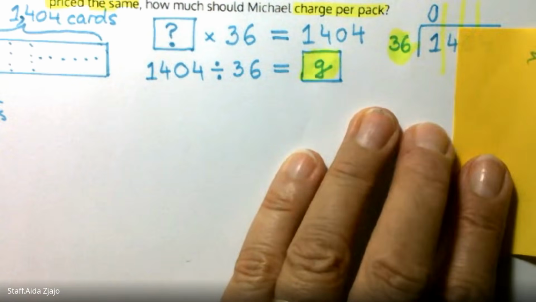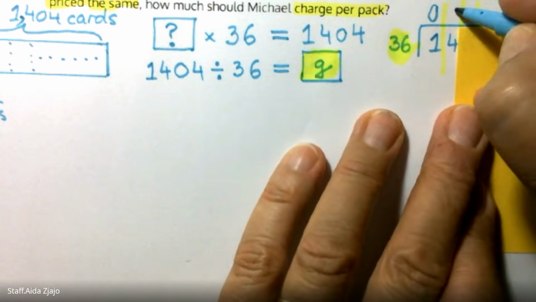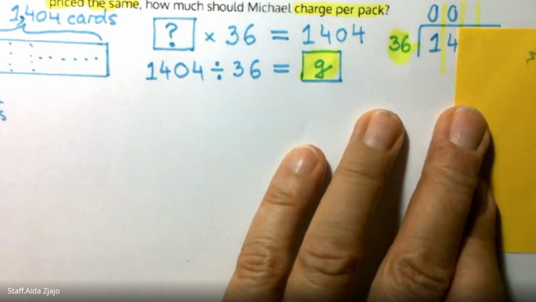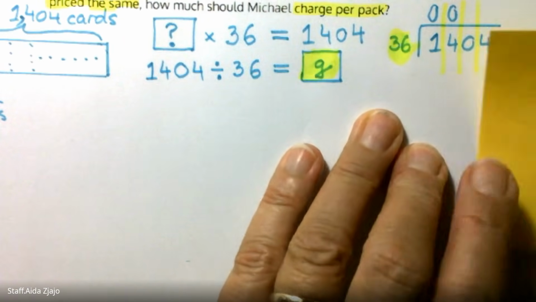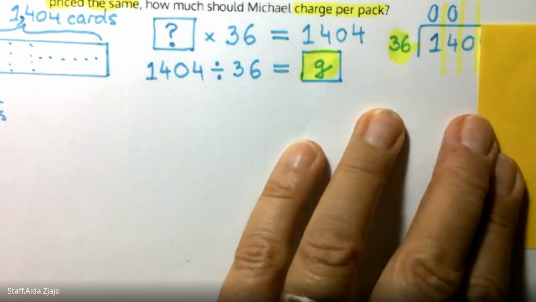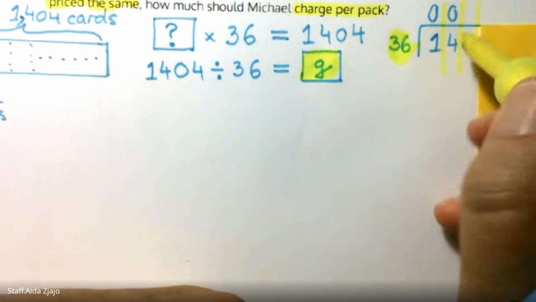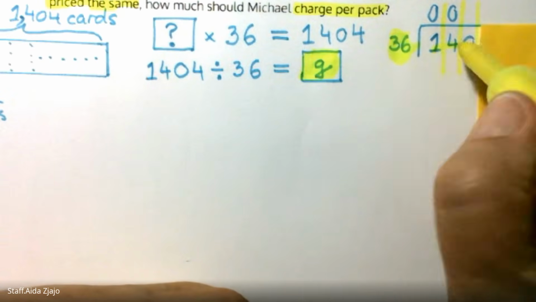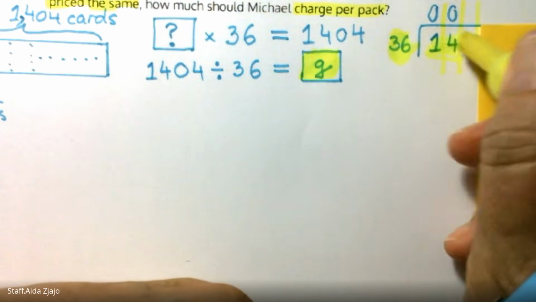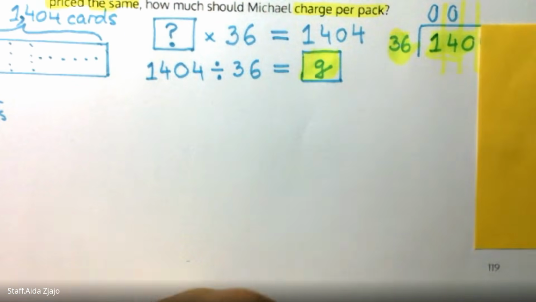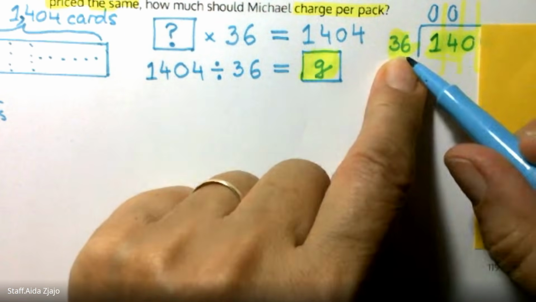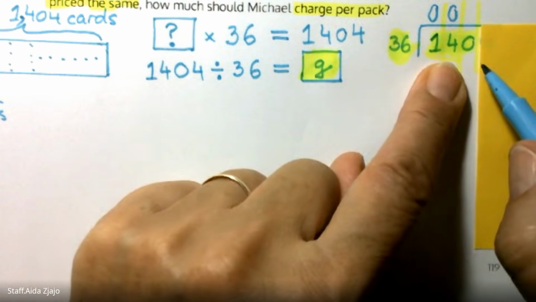Also, if I have 1,400, I can make 0 groups of 3,600. Then finally, I'm going to combine and decompose all this into 140 tens. So now I'm asking how many 36s are in 140.